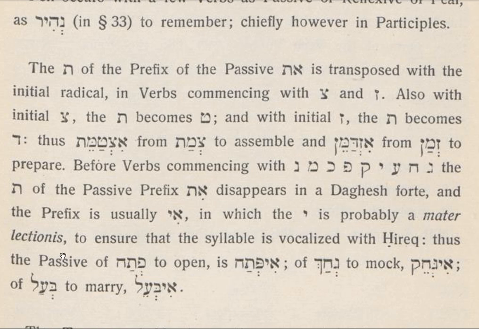In other words, it's there to ensure that the syllable is vocalized with the chirek, and thus the passive of petach, to open, is ip ptach. This here is a doubled letter replacing the t which is here, so it's it petach, and this letter doubles, ip petach.